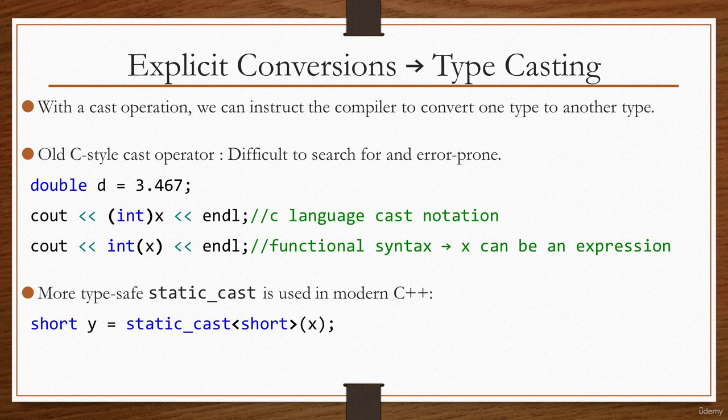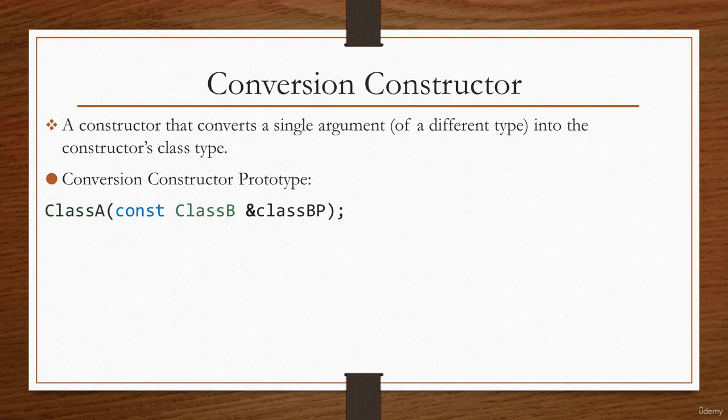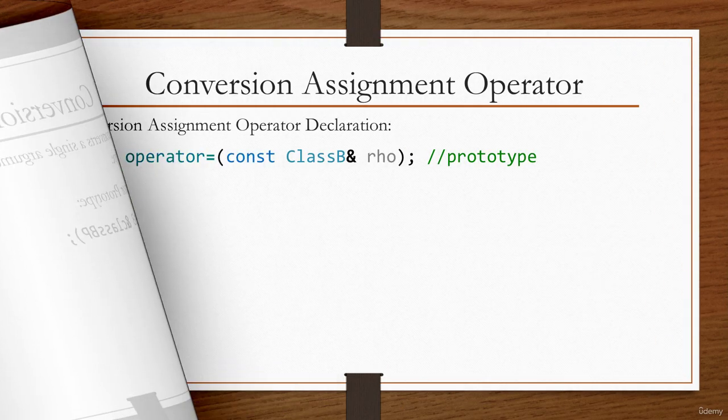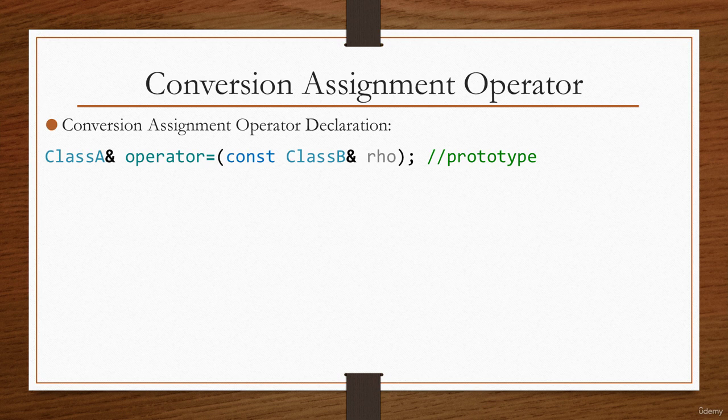Now at this point, hopefully the syntax will be more comfortable to you, because we are familiar with the template syntax, right? We also had some lessons where I discussed the conversion constructor, where we can have a constructor that will convert a single argument of a different type into the constructor's class type. We also discussed operator overloading and how we can have a conversion assignment operator, which will take in a constant reference to the right-hand operand, so whatever we have to the right of the assignment operator.